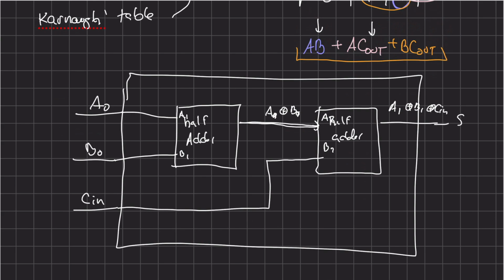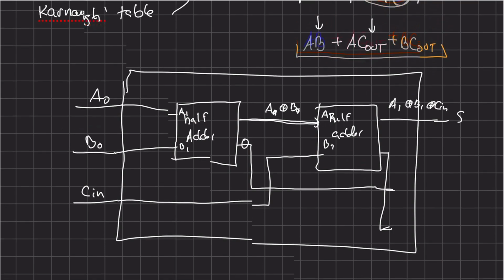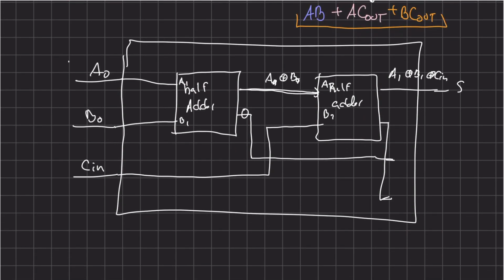Now we have the carry here. We will have the carry here. And what is the output of this? Okay, so just a second. If I have a carry here, what does it mean? It means that I have two ones here.